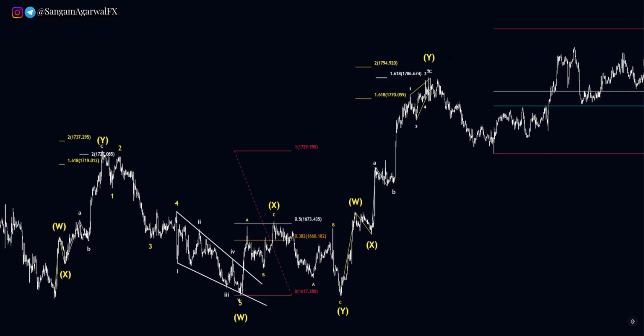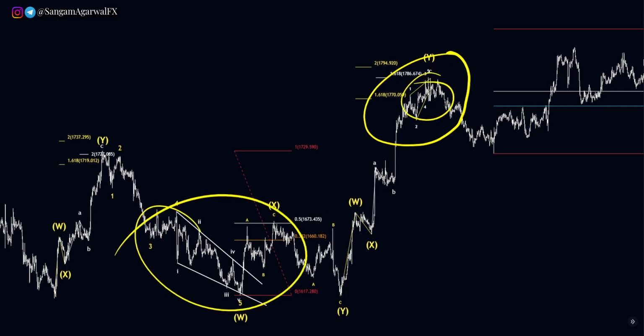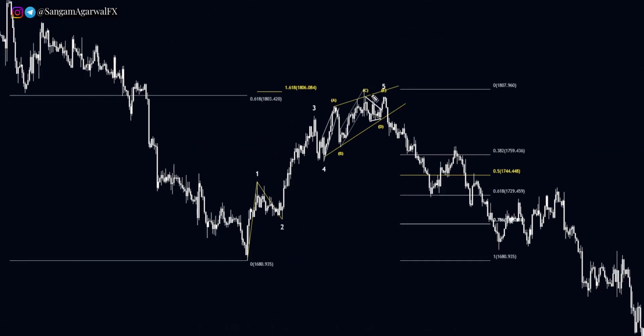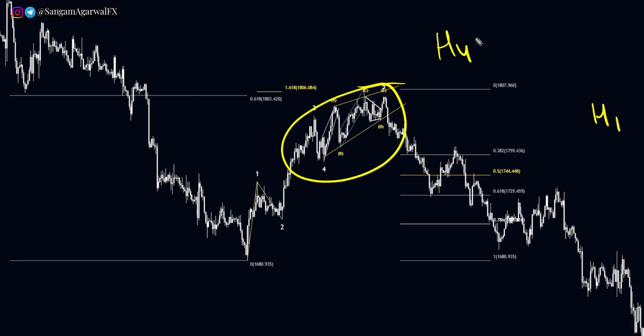Now I will give you an example on a higher time frame so you can easily understand what the minor differences are in this chart pattern. Here again you have an ending diagonal chart pattern example on a higher time frame like H4. Previous examples were on the H1 time frame, but this example is on H4.